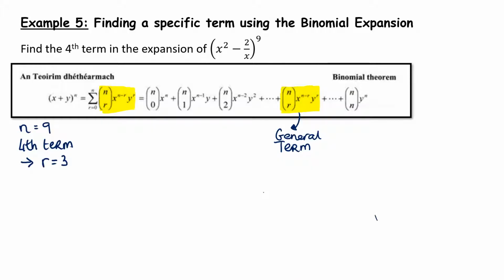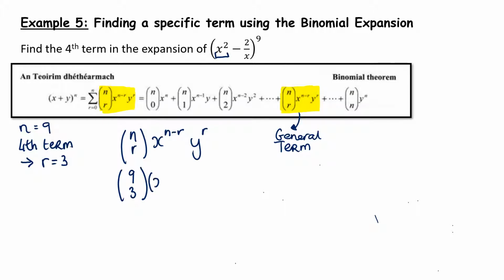So now my general term is n choose r, x to the power of n minus r, y to the power of r. So I have 9 choose 3. x is my first term in my bracket, which in this case is my x squared.